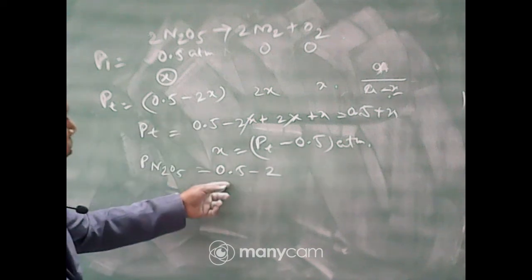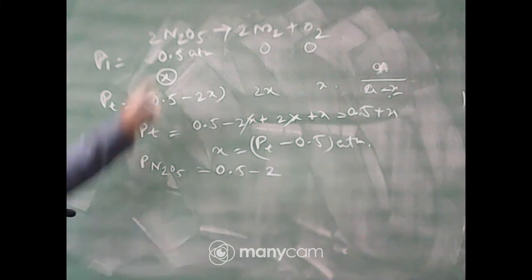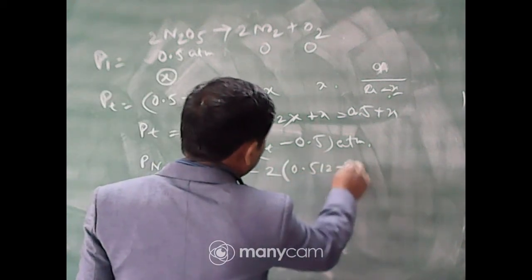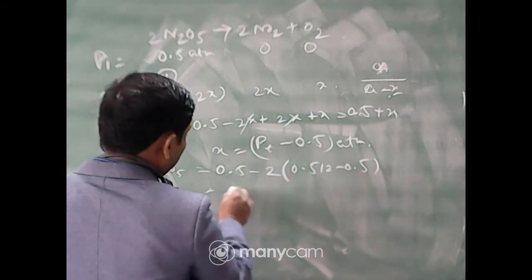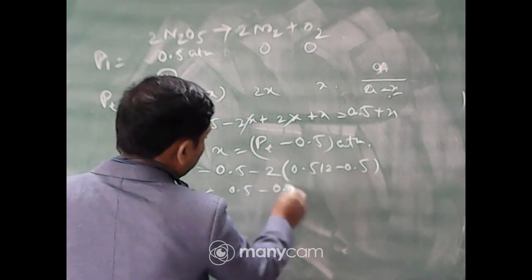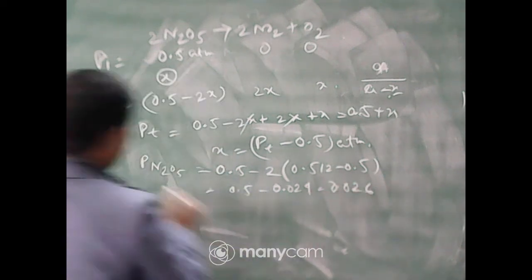Now x equals Pt minus 0.5, and Pt equals 0.512. So x equals 0.512 minus 0.5, which is 0.012. So 0.5 minus 2 times 0.012 equals 0.5 minus 0.024.